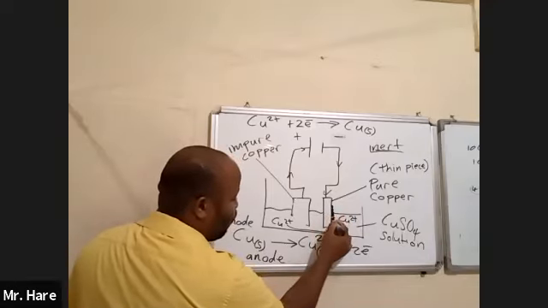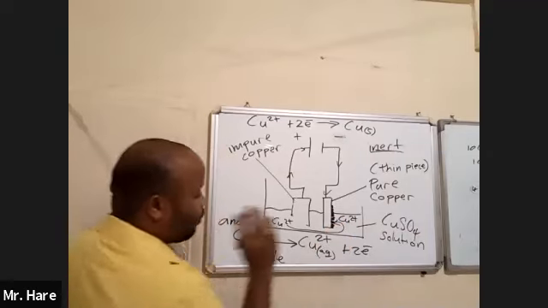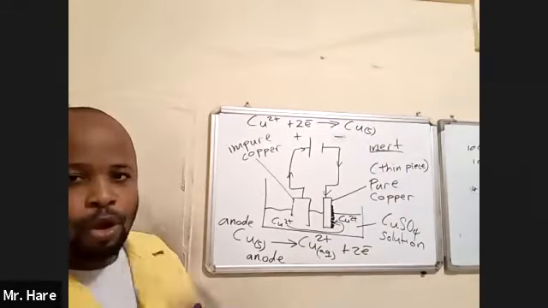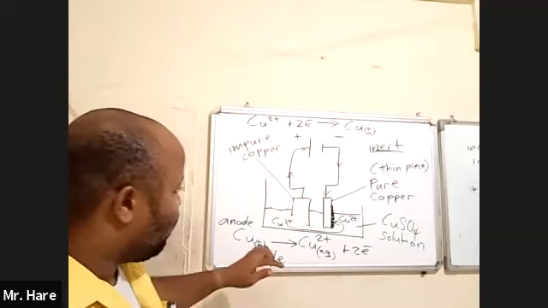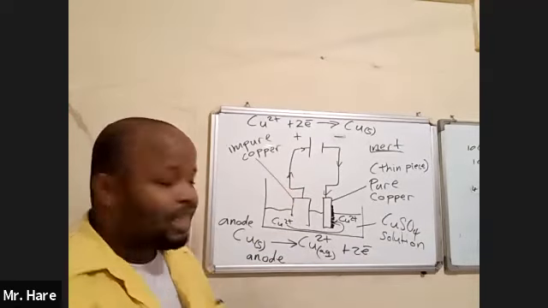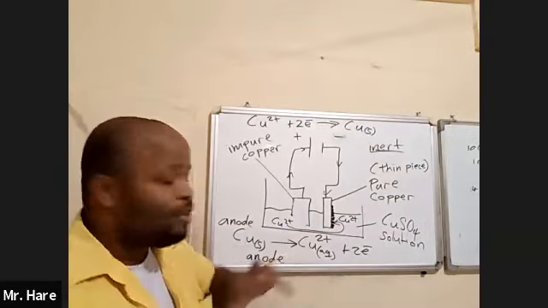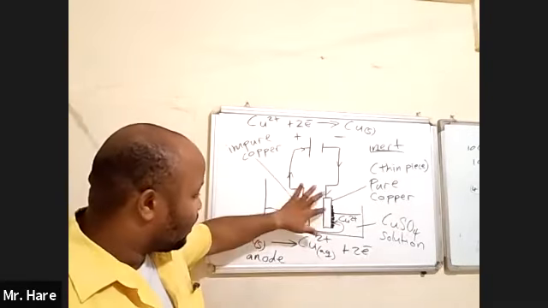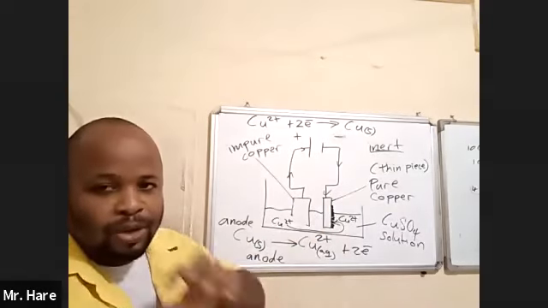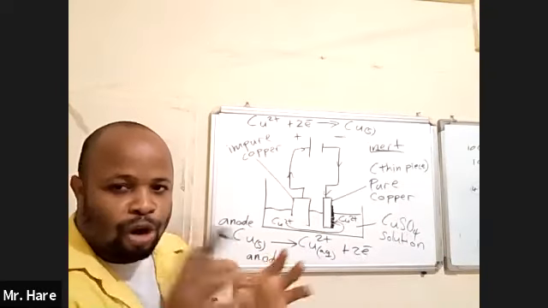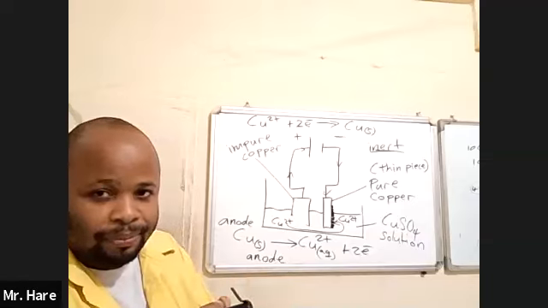And so what you will notice over time, in terms of an observation, is that the cathode is getting thicker because the copper ions are being converted to atoms and sticking to it. It is going to get thicker over time as more and more atoms are attached.